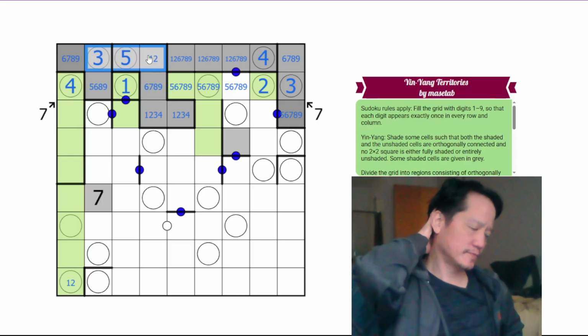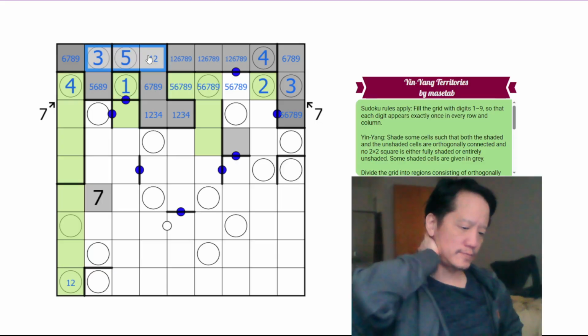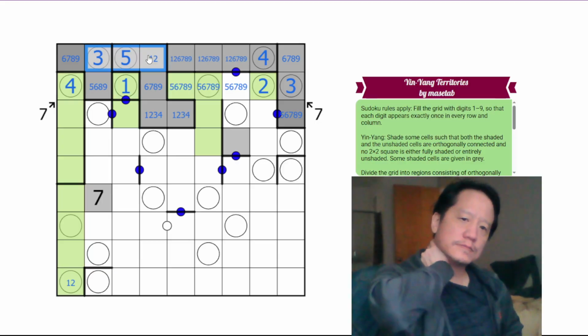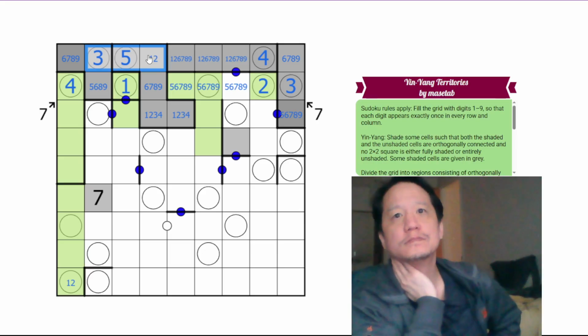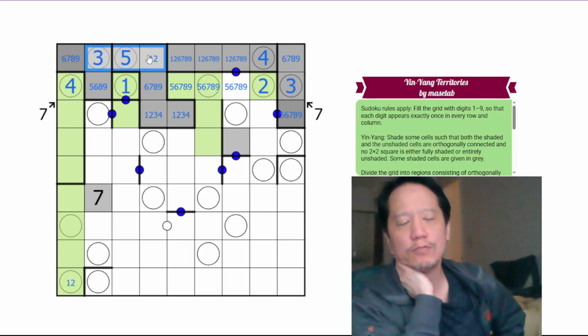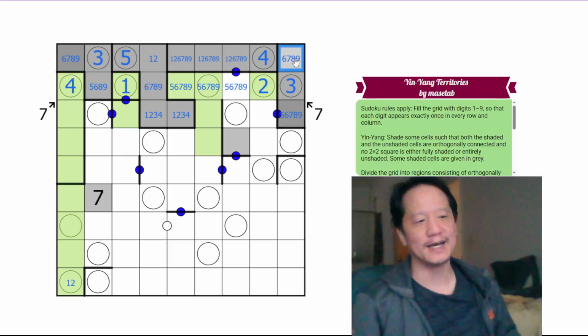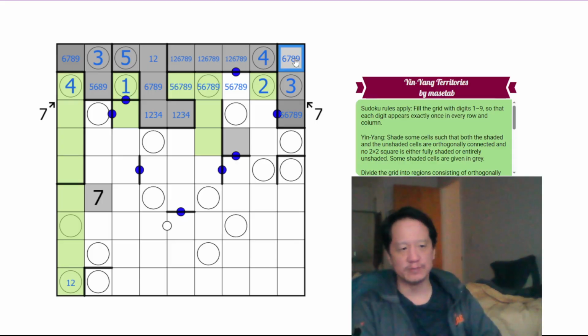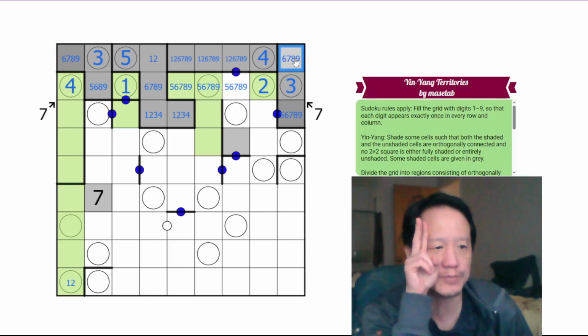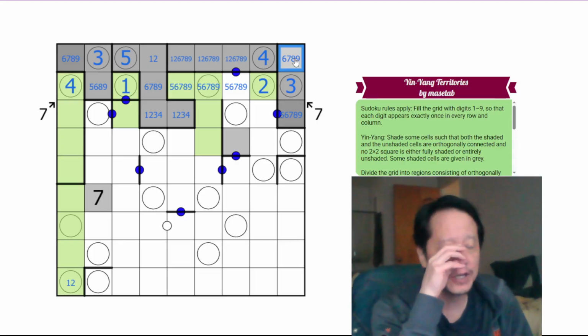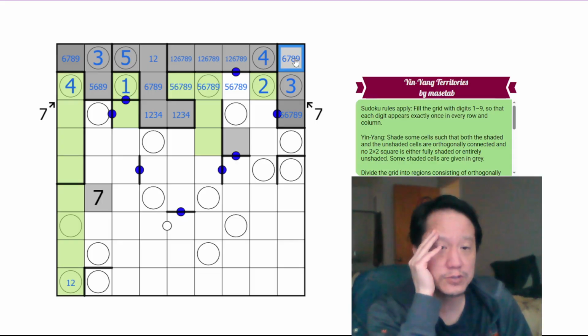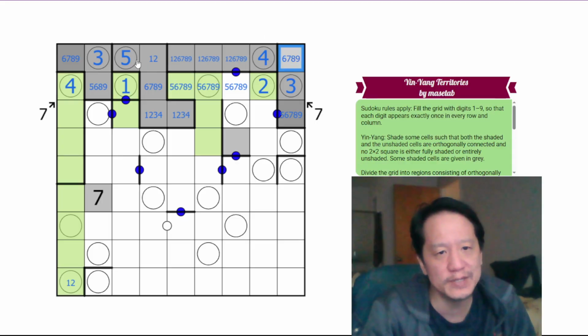I don't think that works. So 45 minus 27 means the other two digits must add up to 18, which is impossible because two unique digits can only add up to 17 at most. So it cannot be 17 here.